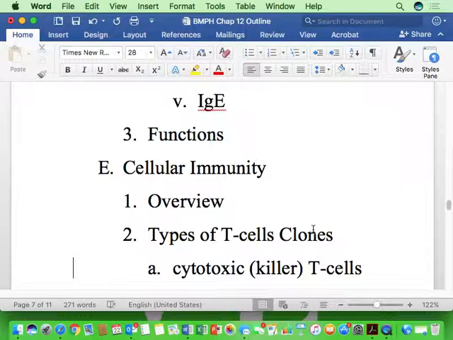These are the guys that bear a resemblance to the natural killer cells, except these are antigen specific. Natural killer cells are not.